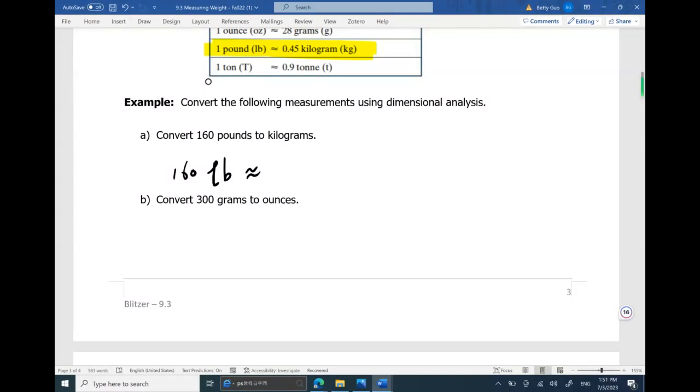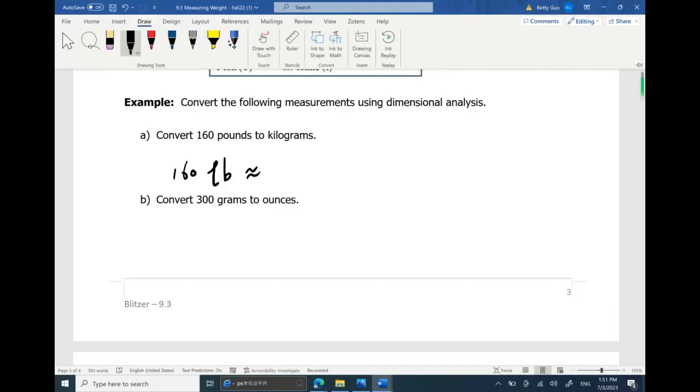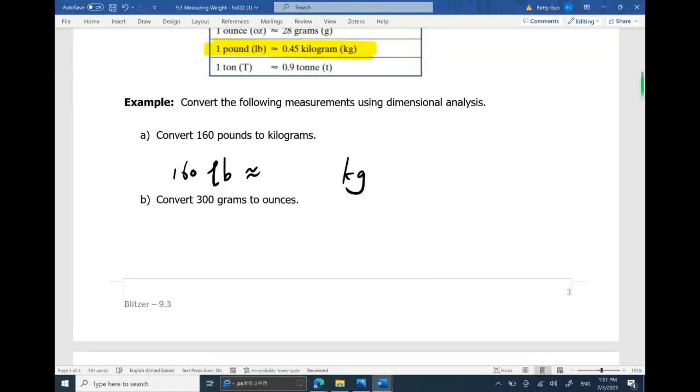Think about it. Kilogram compared with a pound is a bigger unit. So the number in front of it is supposed to be smaller. How many times smaller? 0.45. So we are going to multiply 160 by 0.45.